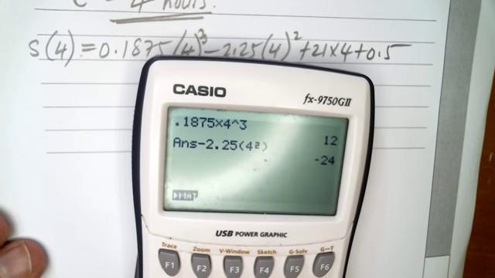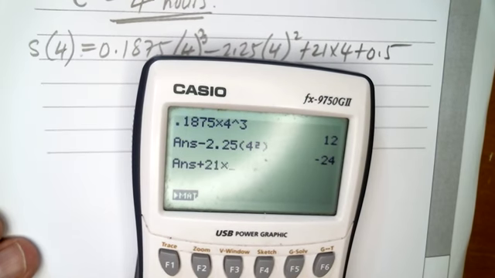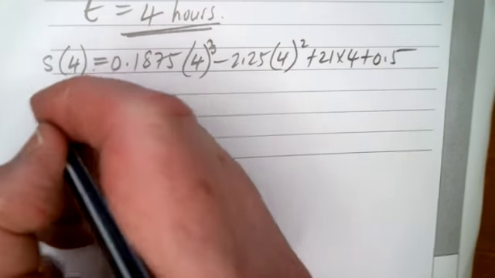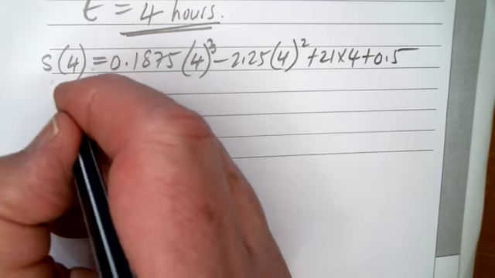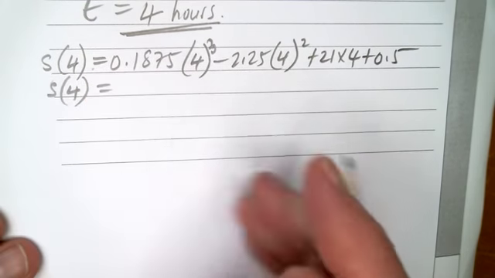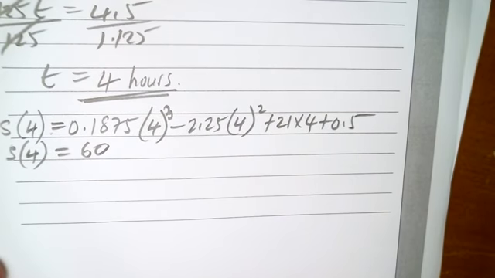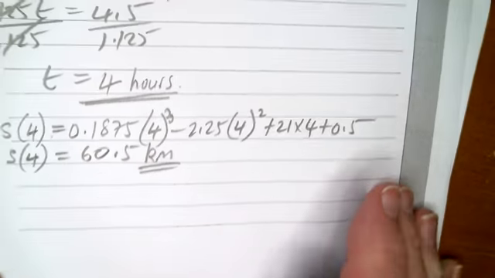Then plus 21 times 4 plus 0.5, equals, and I've got 60.5. So s of 4, the distance after 4 hours, is going to be 60.5, and these are going to be kilometers.